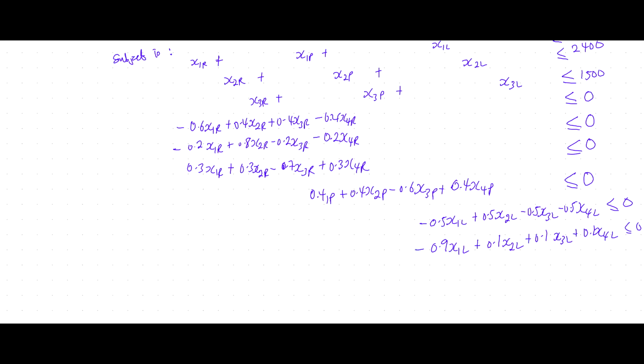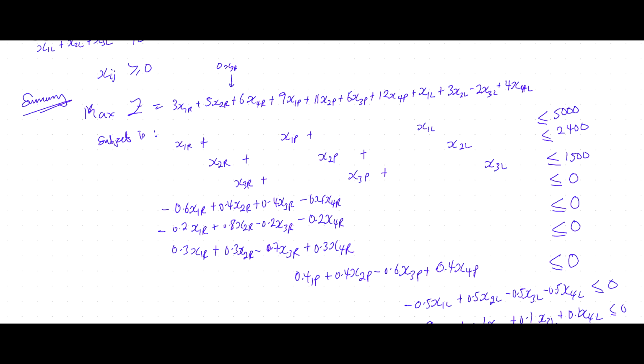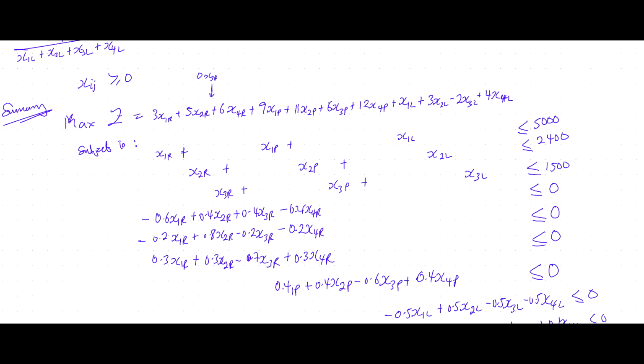All right, so when you look at the constraints, we have the number of barrels for the 4 constraints. So this is what I usually do. So I can say that xij is greater than or equal to 0. So I have to check the various constraints to see whether everything is right. So I have the 4 components, 5,000, 2,400, 1,500.